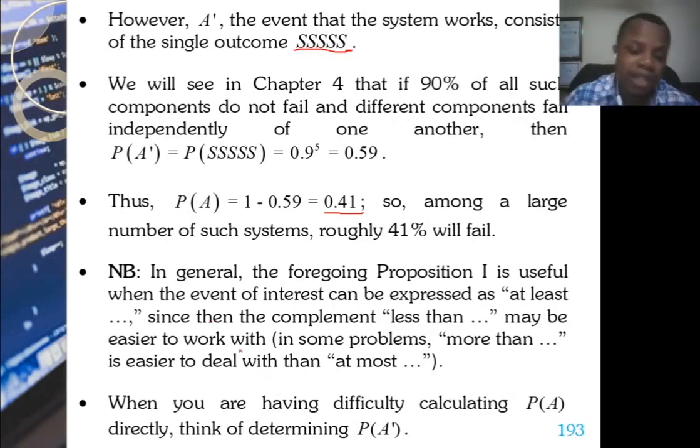And this makes it a little bit easier to work with. So just as I said, when you are having difficulty calculating the probability of A directly, just think of trying to determine the probability of the A complement. Once you get this probability, you just subtract it from 1, and that gives you the probability of A.